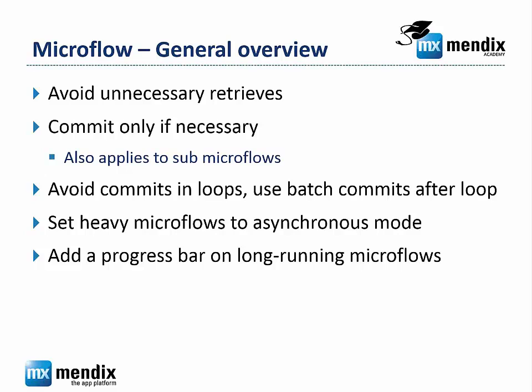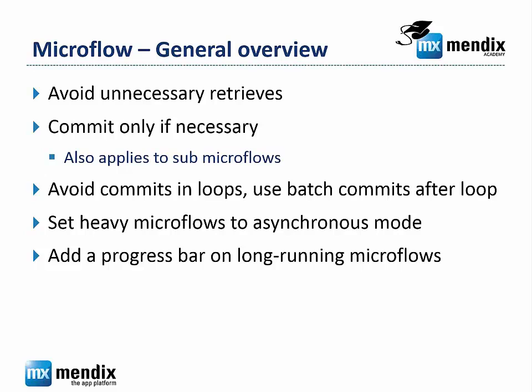Commit only if it's necessary. With a lot of new Mendix engineers, they just commit every single action all the time. They don't think about what they're actually doing, but a commit is basically a database action where it persists the object into the database. So if you're doing like 100,000 commits, that could affect performance.